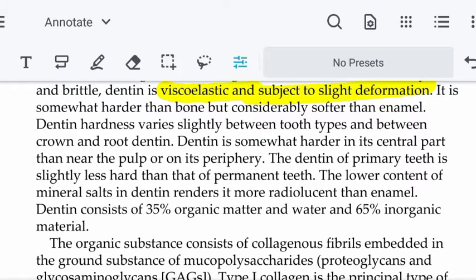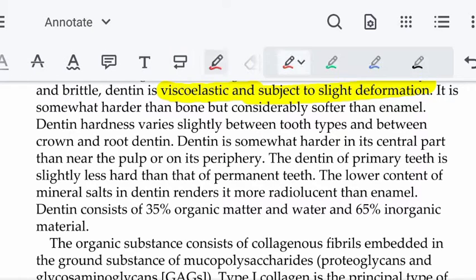So if this is the tooth, this is the pulp here inside, here dentin is present, this is dentin, and this is enamel.